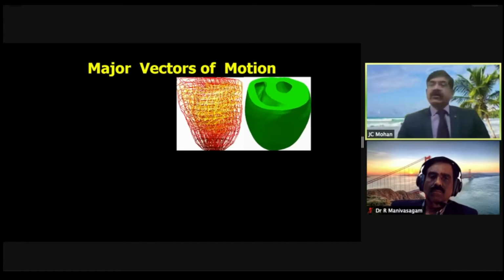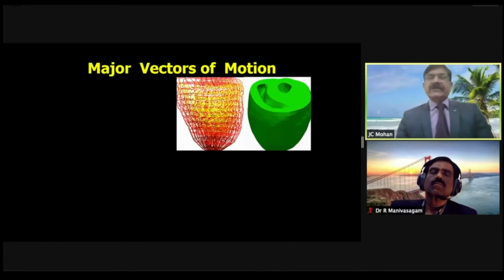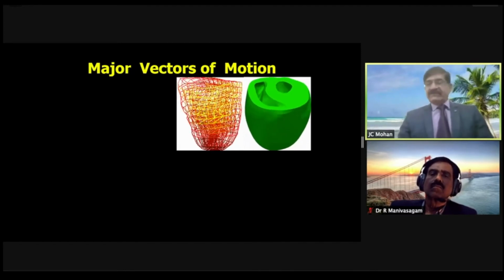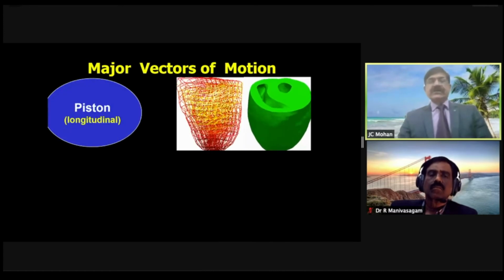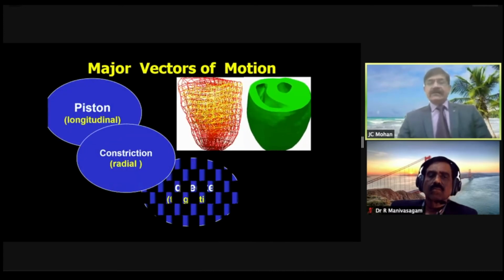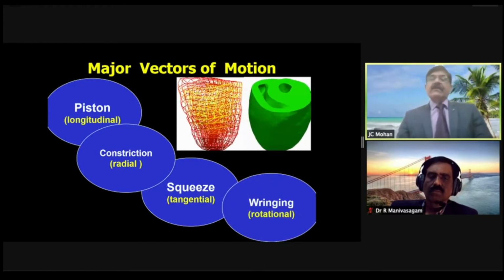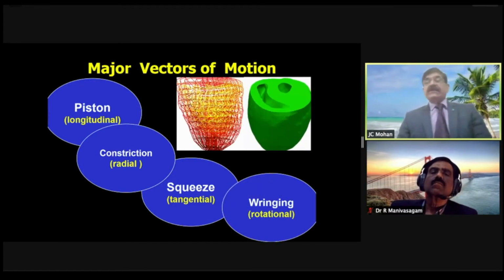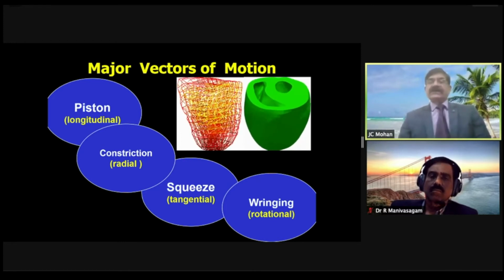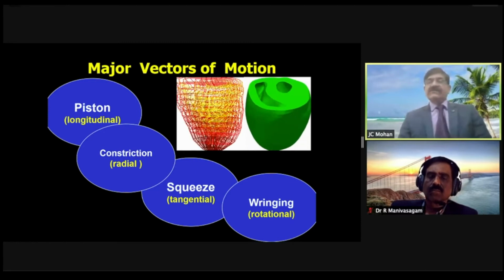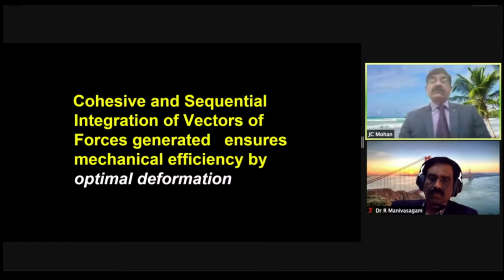So we were talking about motion, and we said there can be passive motion or active motion. Major vectors of motion and deformation are longitudinal, radial, tangential, and rotational. And the final product, with regard to atrial or ventricular function, is a cohesive motion in all these four vectors.